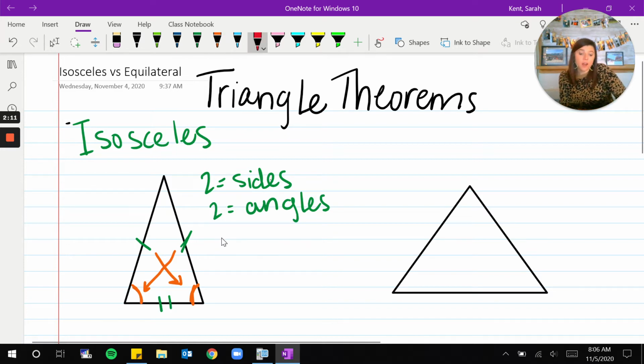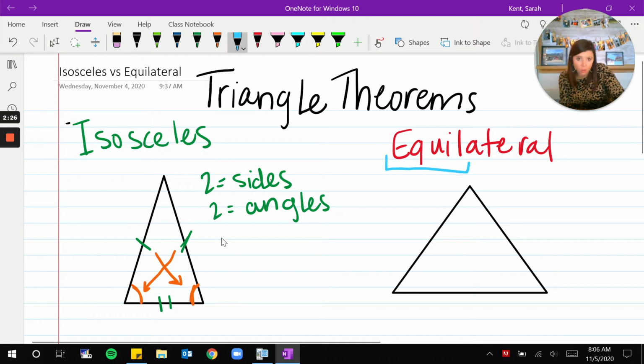And then our other triangle is called an equilateral triangle. So within this, you can kind of hear the beginning of the word equal, equilateral. So what this means is that all three sides are equal.